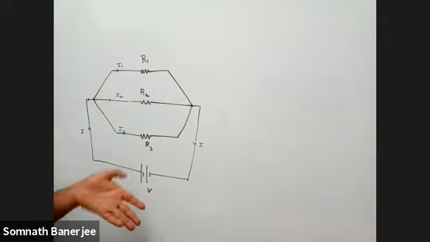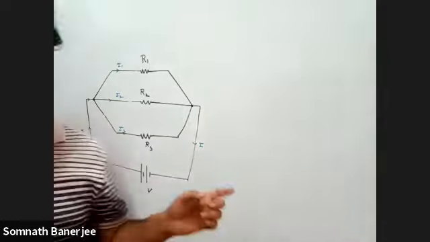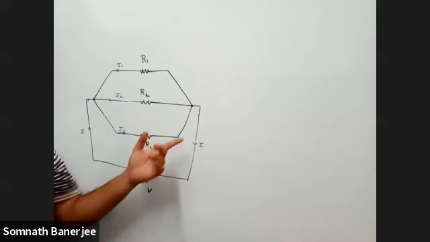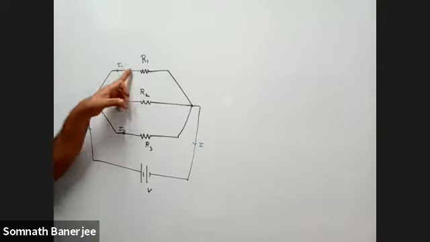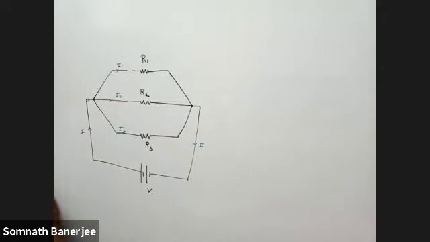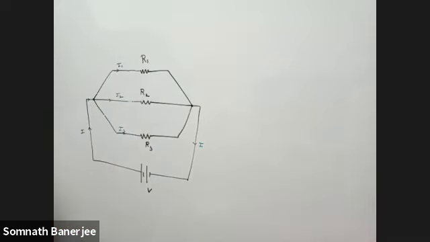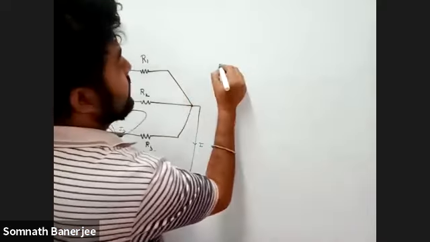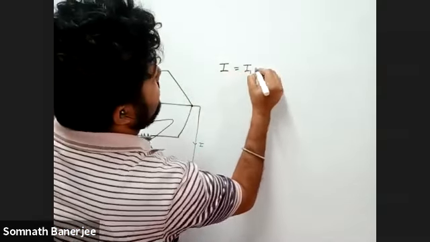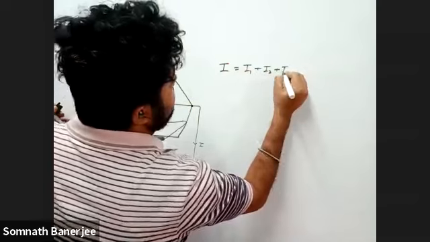Now in series, if one is broken down or if you remove one component, the whole thing stops and no current is able to be supplied. But here, if you just remove one branch, the current will flow through the others. Okay. So now here, as the current is distributed, we can say I is equal to I1 plus I2 plus I3.